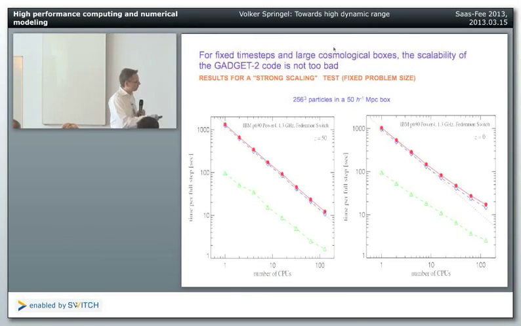Here it's almost perfect. Here it's more strongly clustered. You see that the scalability now starts to become poorer at the end in the clustered state. You would in principle expect to lie on the dotted line, but you're almost a factor of 2 above it. It's always good to plot this in log. It doesn't look so bad, but here you have almost a factor of 2 loss already, right?